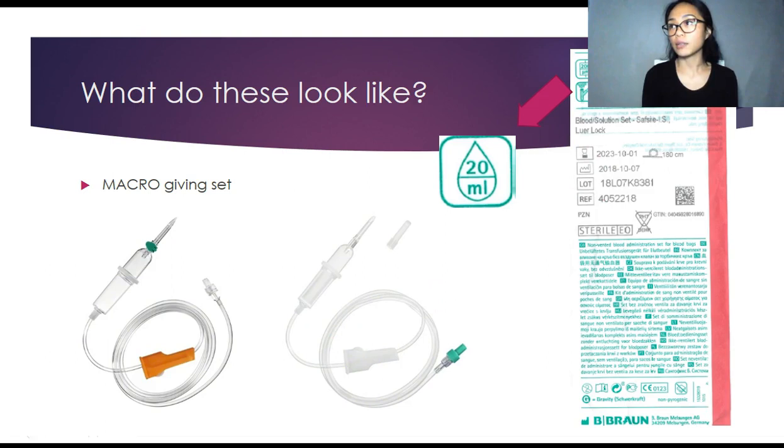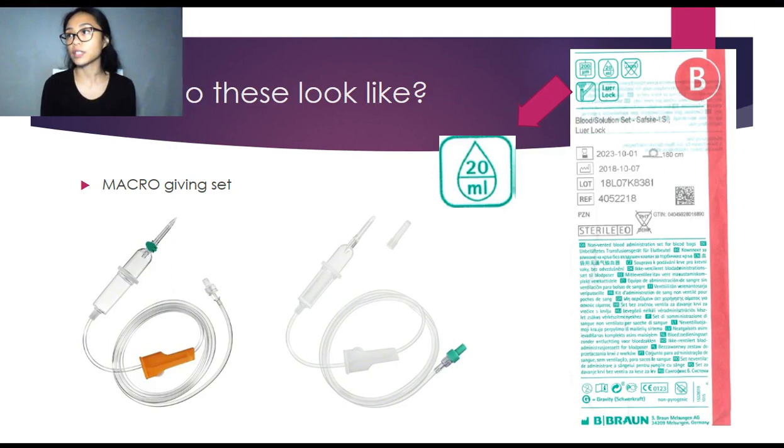Now I realize that my little video screen is sitting on top of something that we need to look at, so I'm just going to move that there. Here is the outside of the packet of what we use here at our nursing school. So when you are using a macro giving set, this is what you'll collect. It is possible to administer blood through this giving set, but otherwise we can also just use it as a plain macro set, and that's indicated by this icon.